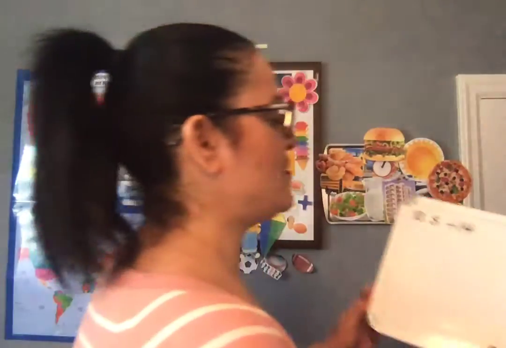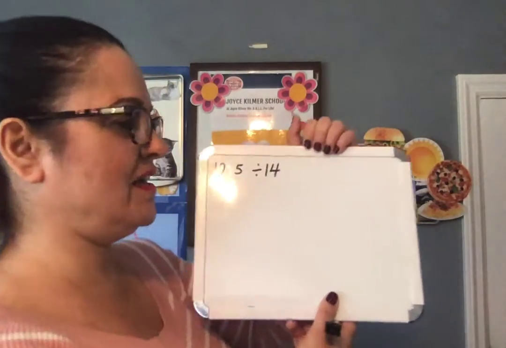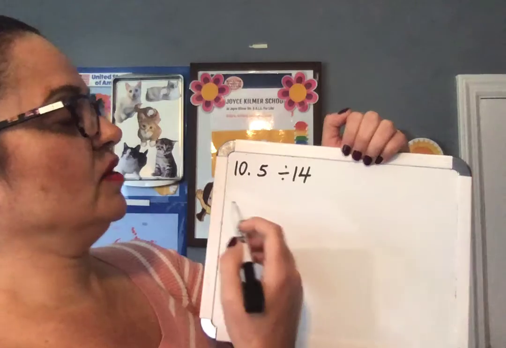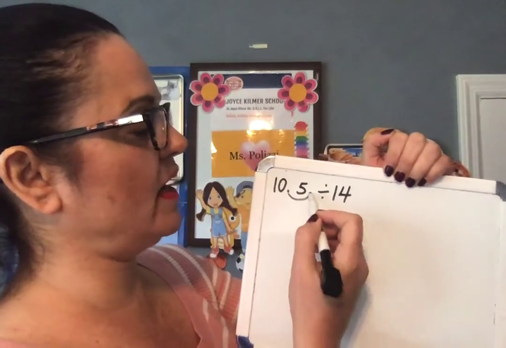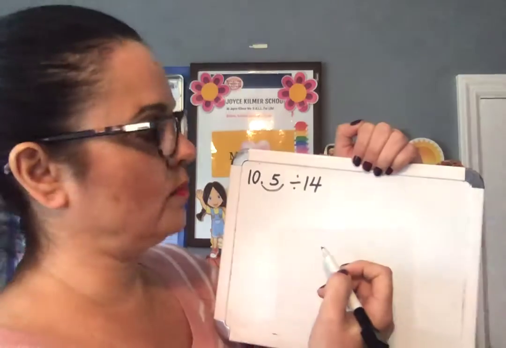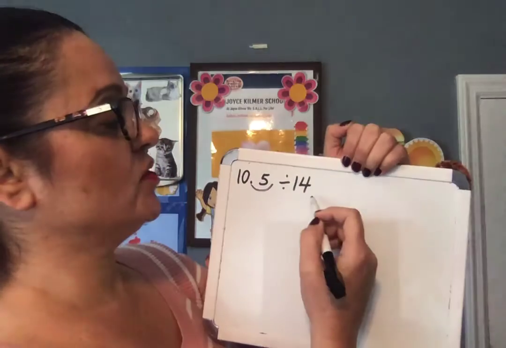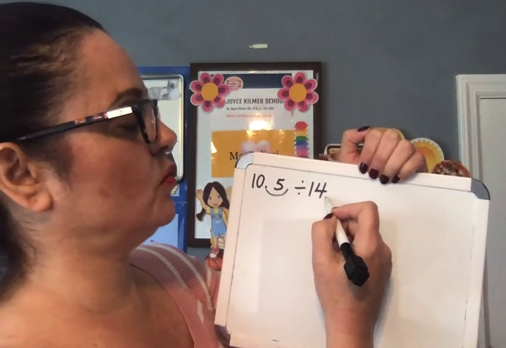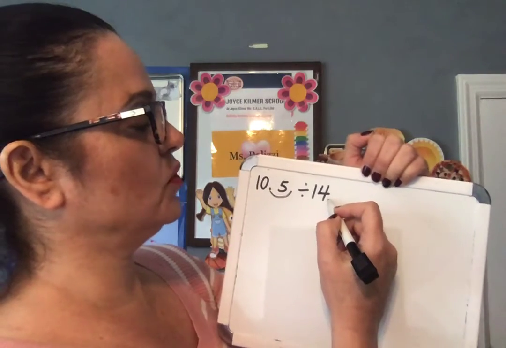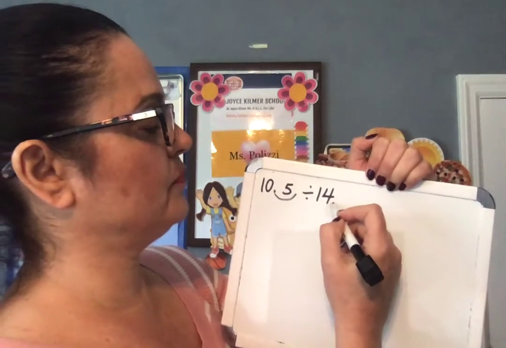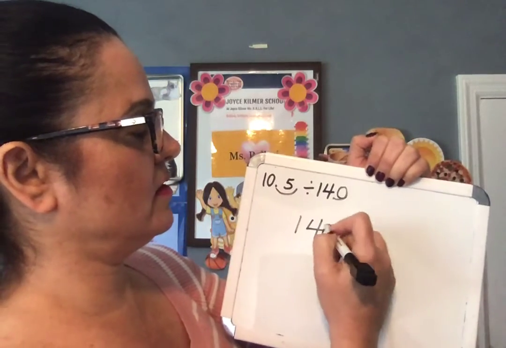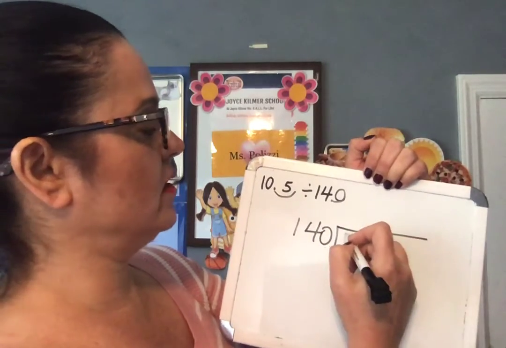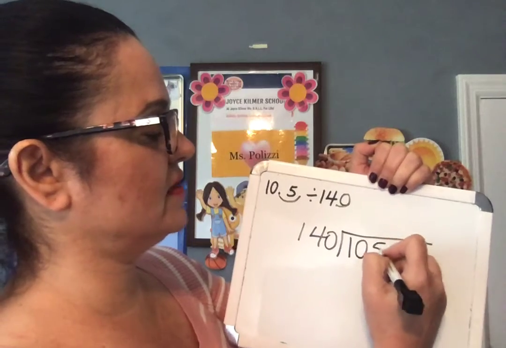All right, so now we can see here that the only one that has a decimal is here. We're going to move it 1 place to the right. So we also have to move it 1 place to the right for 14. Since there isn't a decimal, we'll make 1, and then we'll just go ahead and add a 0. So now we'll have 140 on the outside and 105 on the inside.